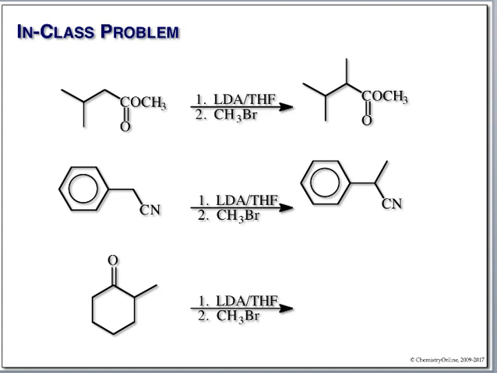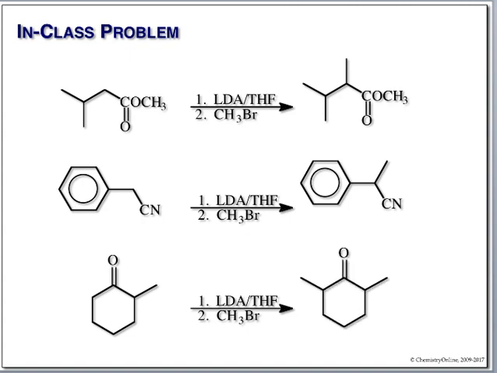And finally, here we have a methyl cyclohexanone. Now, everything that we know tells us that this is going to be the enolate anion carbon, and it should be.